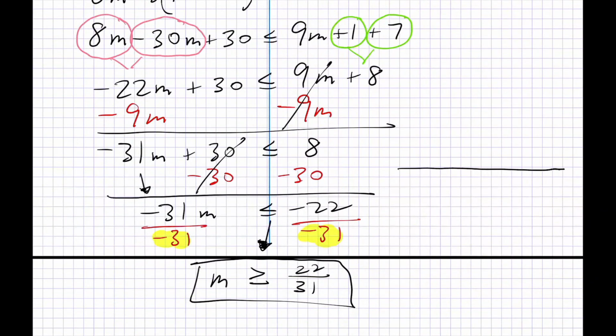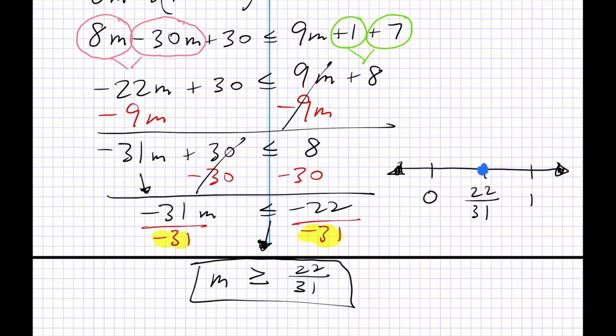Okay, so now I'm going to graph. 22 over 31 is the star of the show. That goes in the front and center. 22 over 31, as a decimal, that's like 0.7 something. So what two numbers is it between? 0 and 1. Yep. Okay. Open dot or closed dot?